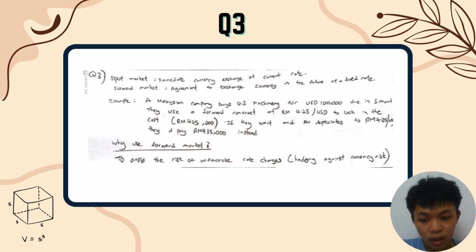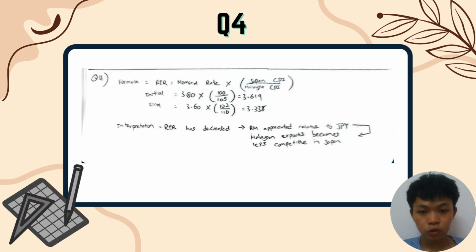If they wait and the RM weakens to RM 4.35 per USD, they need to pay RM 435,000 instead of the RM 425,000, so the forward market protects them from the risk.